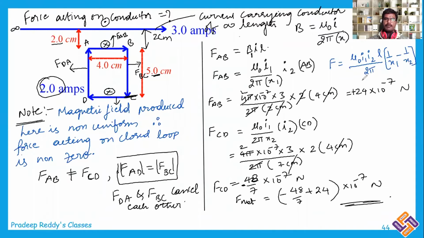This is the formula which you can use. I1 and I2 are the currents flowing in the straight current carrying conductor and the square loop. L is the length of the loop which you are taking. x1 and x2 are the positions of the AB segment and the CD segment.